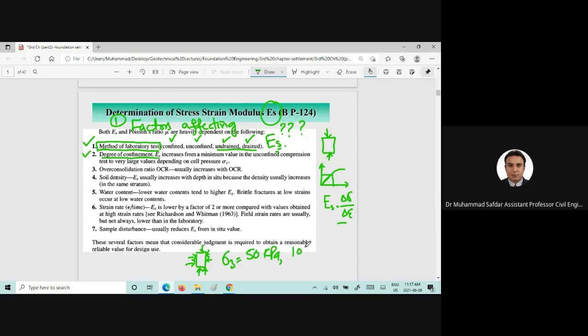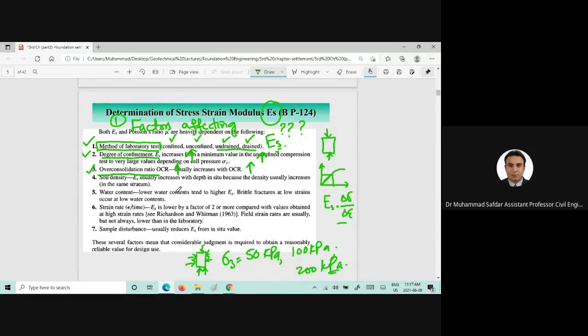And if it's 100 kilopascal or 200 kilopascal, the stress strain behavior would be different, and we will be discussing that in our coming slides as well. Overconsolidation ratio also affects the modulus of elasticity. So if the degree of confinement increases, the modulus of elasticity increases, and if the OCR increases, the modulus of elasticity also increases.